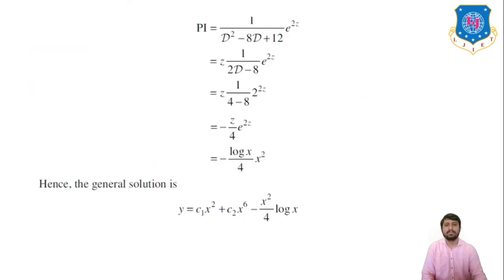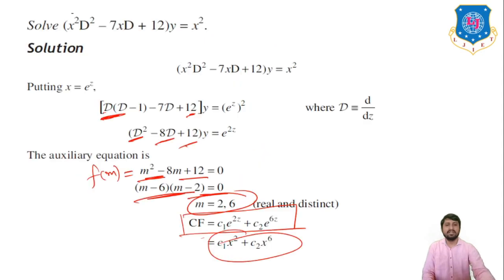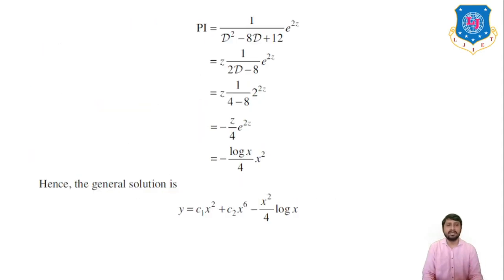Now, when we find the particular integral, 1 upon D² minus 8D plus 12 into e raised to 2z, and that is z.